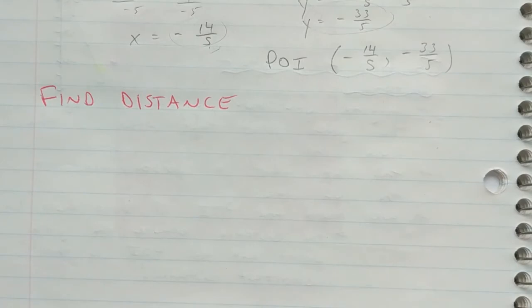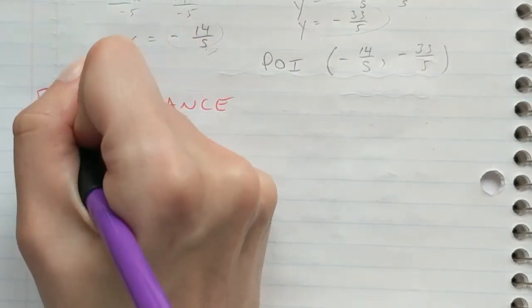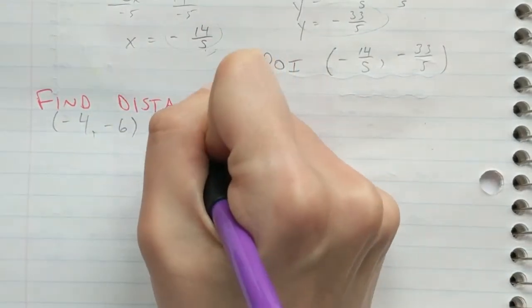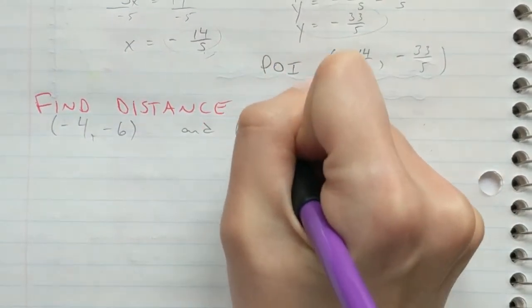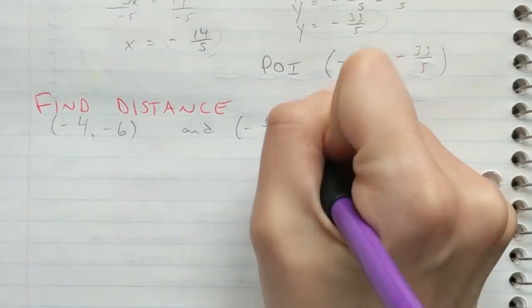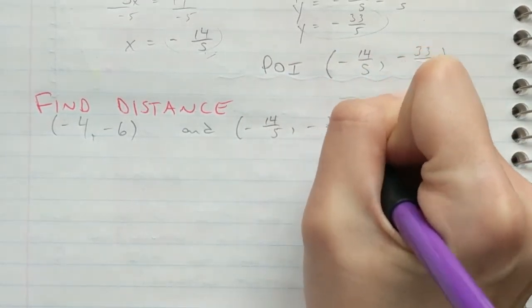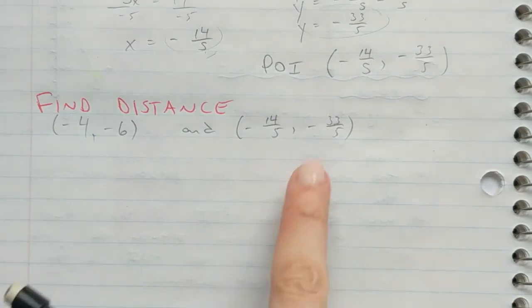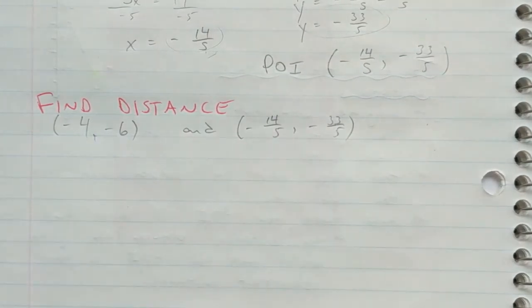Now we need to find the distance between our 2 points. Our 2 points, as we recall, are negative 4, negative 6, and negative 14 over 5, negative 33 over 5. Some of you might want to clear these fractions, multiply everything by 5. That's not how this works. The only reason that you can do that in some circumstances is because you are dealing with an equation.